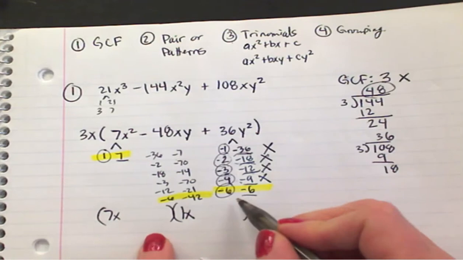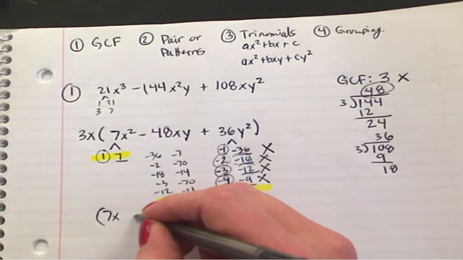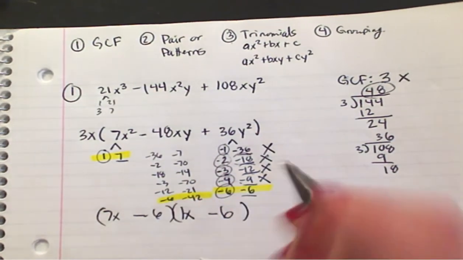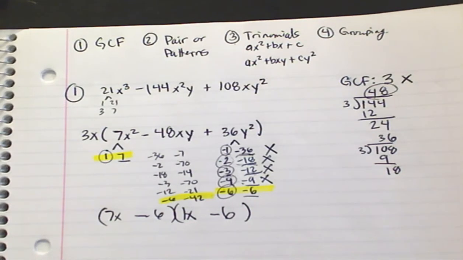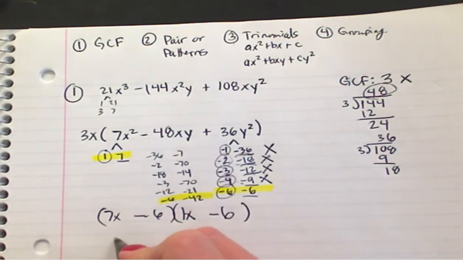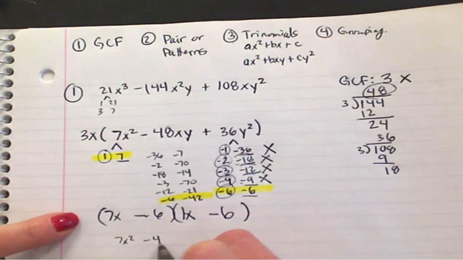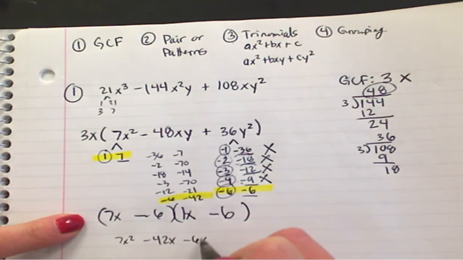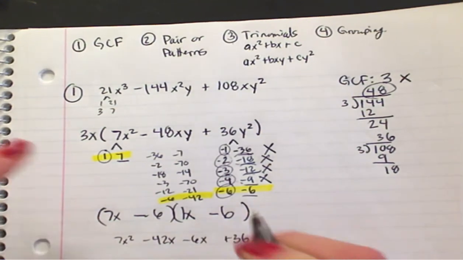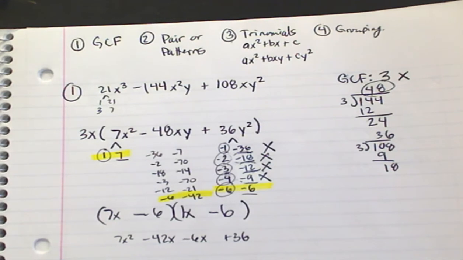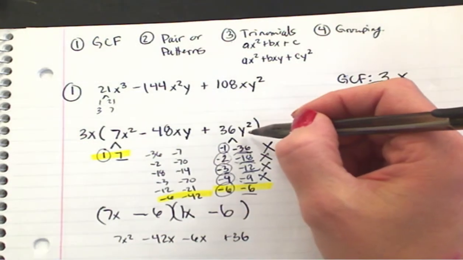Okay, so you have to place them. Well, they're the same number. Check it. What did I mess up? There's no y. Okay. How do you multiply to get y squared?